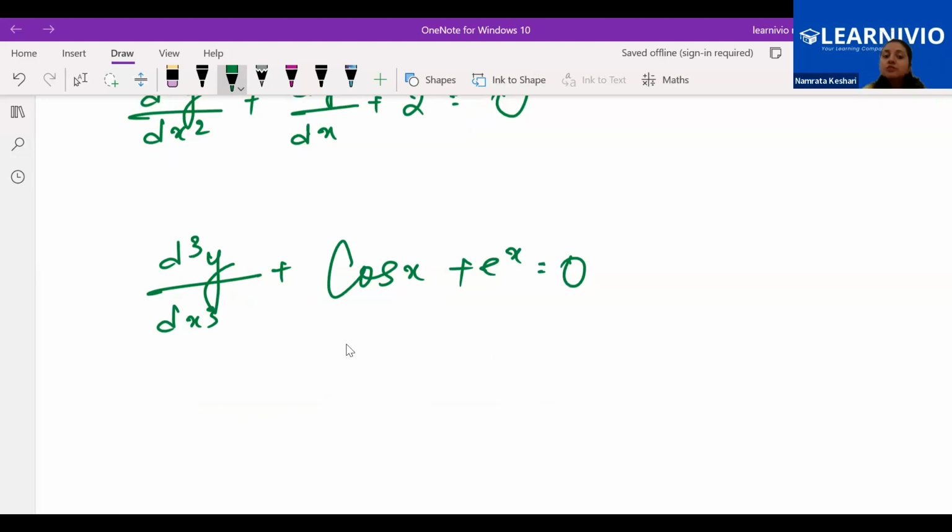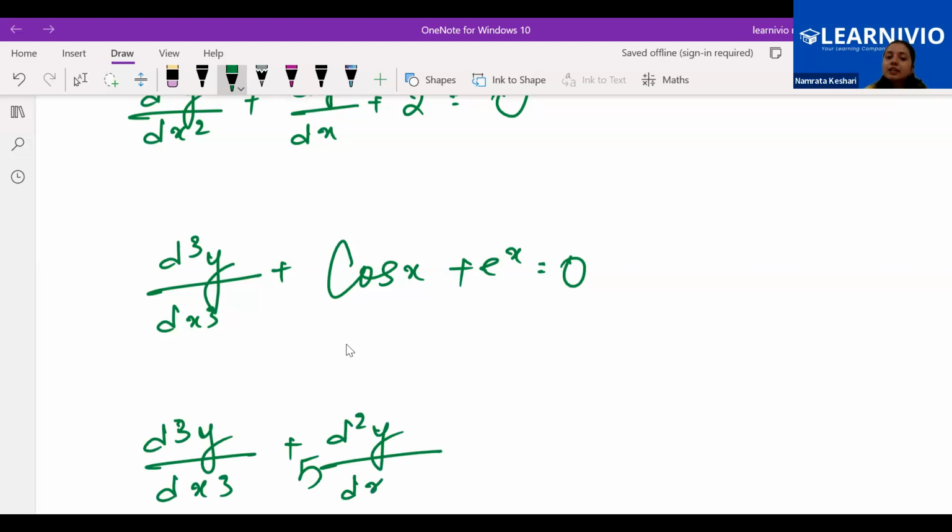It can look like d3y dx3 plus 5 d2y dx2 plus y equals 0. This is also order 3, because the maximum derivative is 3 times, and that alone defines the order.